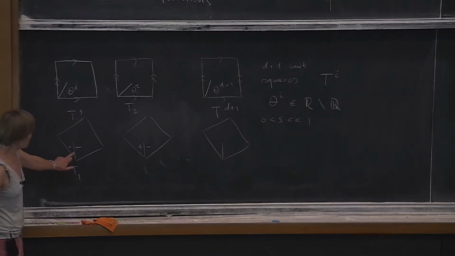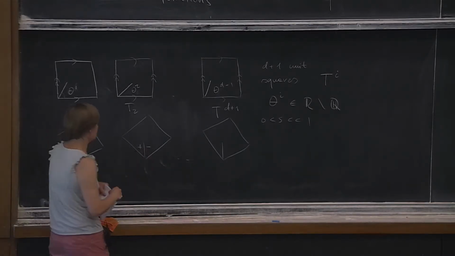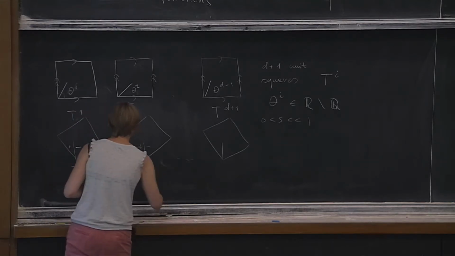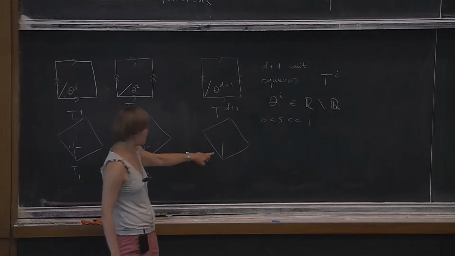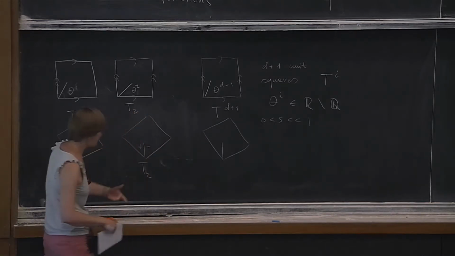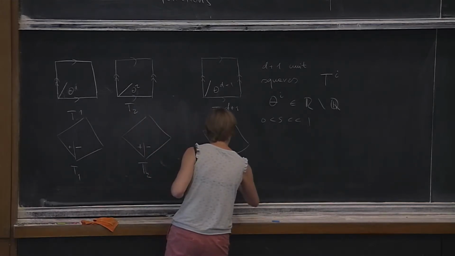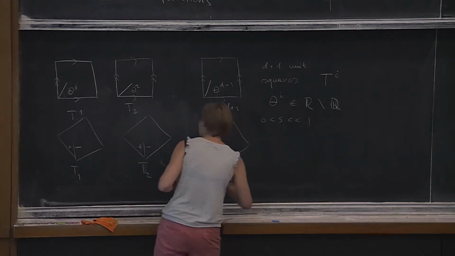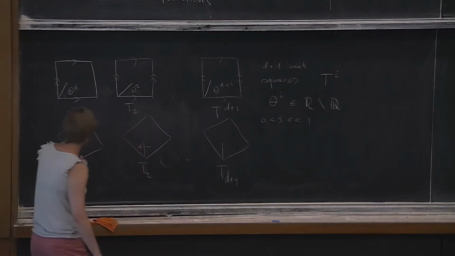And so I am going to glue the plus side of T1 to the minus side of T2. Then the plus of T2 to the minus of T3, and so on. And the last one, I'm going to glue the plus of T_{D+1} to the minus of T1.